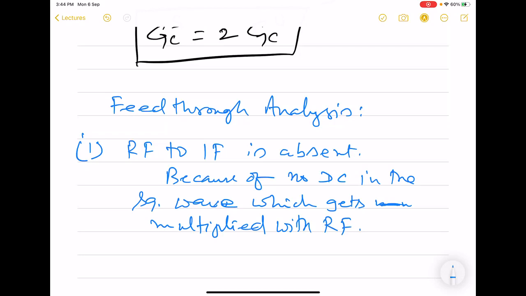And if you recall the unbalanced case, there was a DC because the square wave was between 0 and 1. So that is why that leakage was present there.